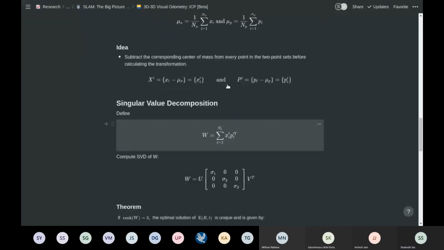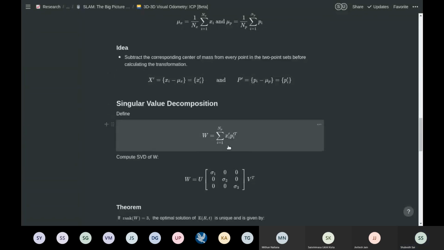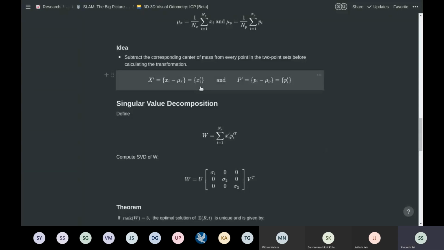So you take those centered points and multiply them with each other, and define a sort of loss function as a summation of all of those. You have the distance of a point i from the first point cloud centroid, and the distance of a point i from the second point cloud centroid.